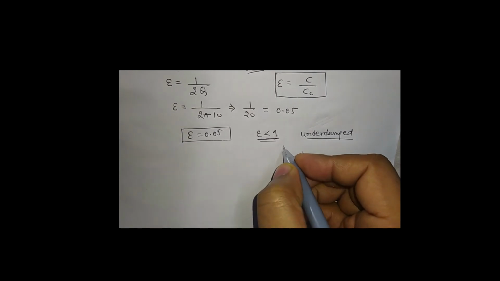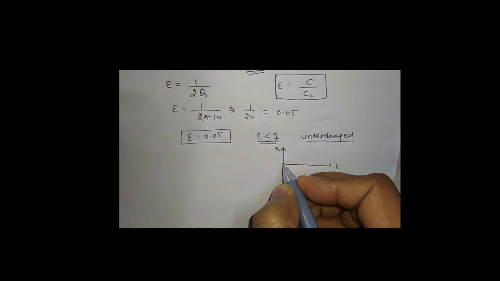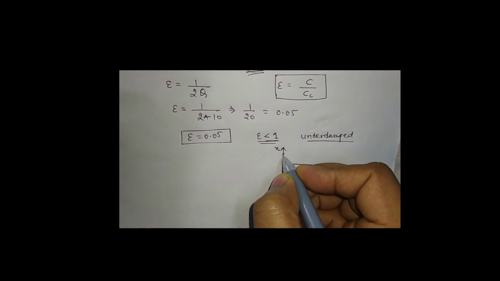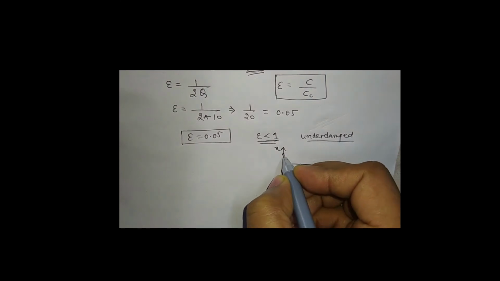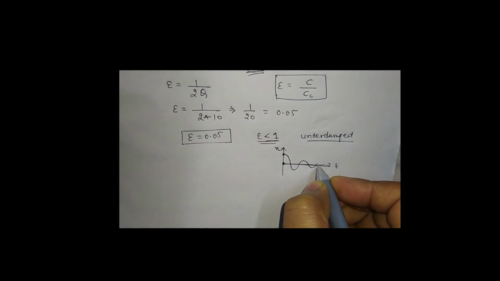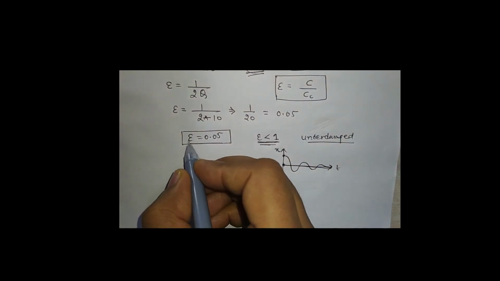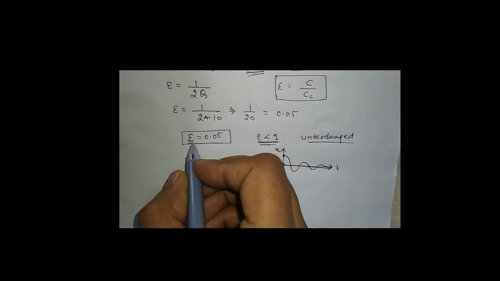It means if the system is disturbed from its mean position, for example, this is the mean position, if disturbed from here to here and released, then it will show oscillation before coming to rest. If E is less than 1, we call them underdamped system.